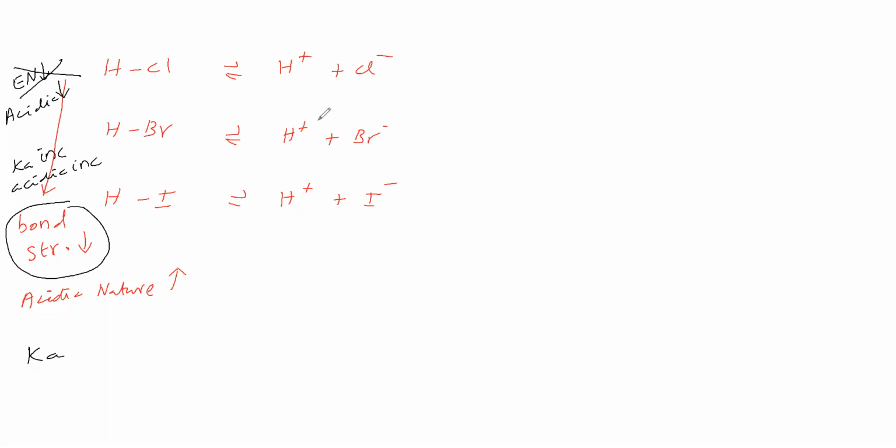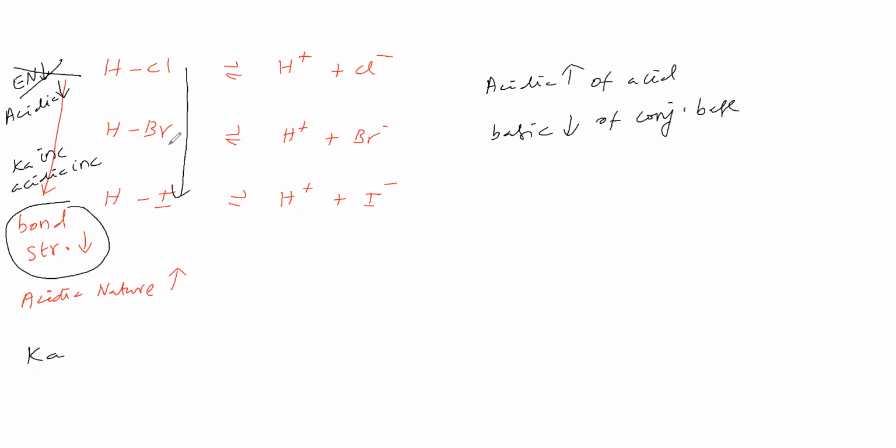Now you know that Lowry-Bronsted theory says that the higher the acidic nature of an acid, the lesser the basic nature of its conjugate base. Therefore, going down the group, HCl, HBr, HI, acidic strength increases, so basic strength decreases.